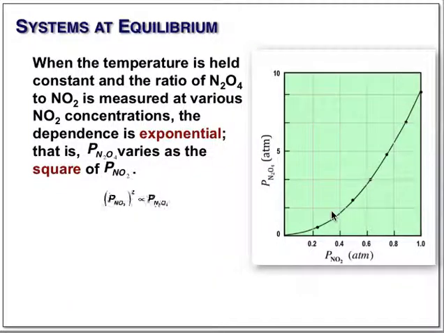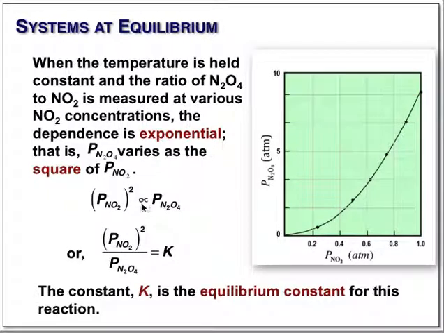Turns out that we can linearize it because this is an exponential relationship. That is, the pressure of NO2 squared is going to be directly proportional to N2O4. We're going to change our proportionality to an equal sign and a constant, and simply solve for our constant, and this is what we get.